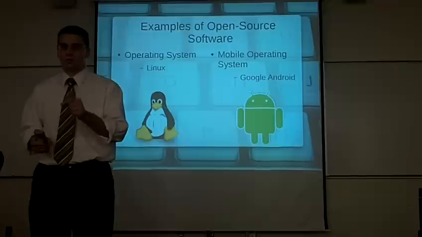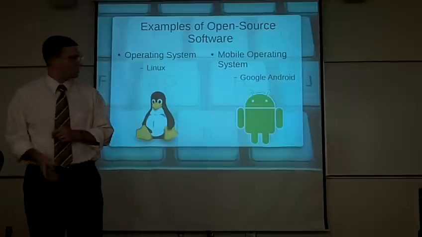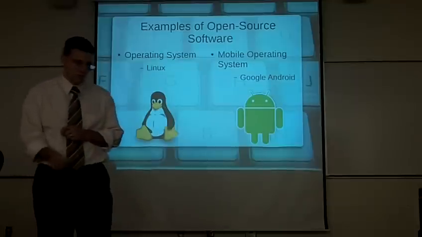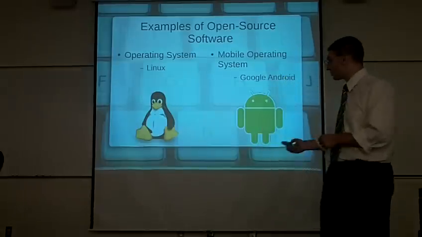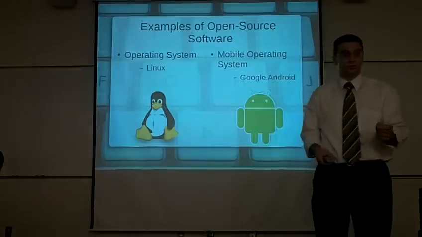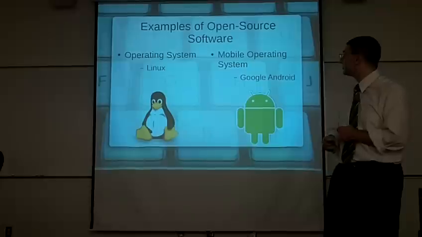So some examples of the more prevalent open source software titles are Linux. You may be well familiar with it, or at least have heard of it, and also Google Android. So those of you that have Android phones, you're actually using open source.